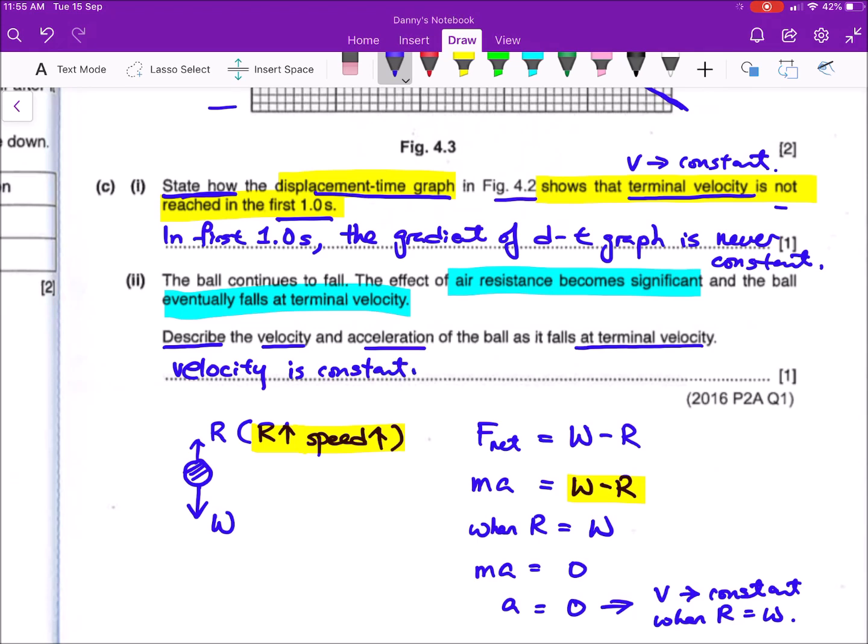In the case of constant, one adjective is enough. Then acceleration. Acceleration is a measure of how quickly your velocity changes. Since your velocity is not changing, basically your acceleration is 0. It's no longer there. You can see from here.